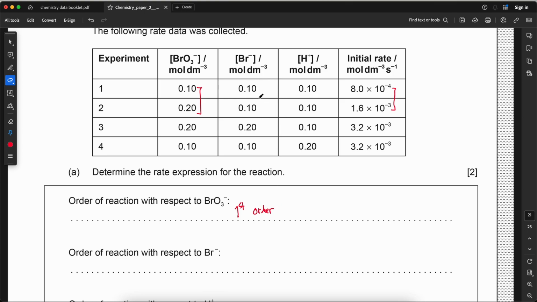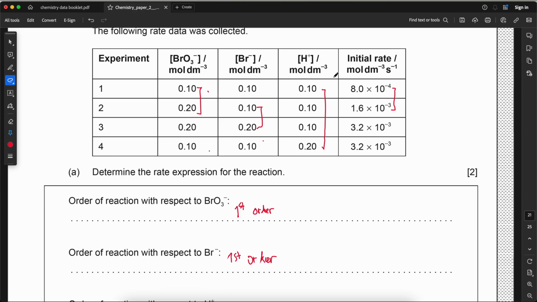And for Br⁻, we use this one. These are the same, so it would be this one. Double the concentration, double the rate of reaction. Okay, initial rate, that would also be first order. And for this one, these are the same, so experiments 1 and 4.